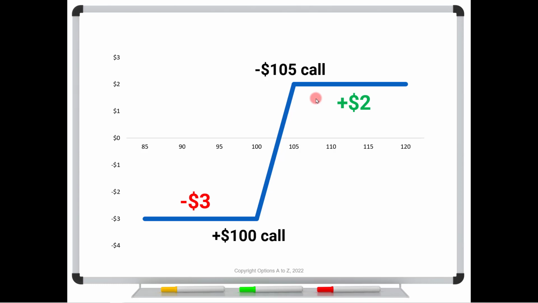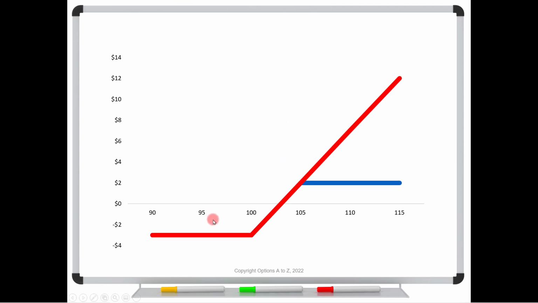What did the morph say? Morph said to buy back the short option. So here you would buy back that short 105 call. And when you do this, you are going to unlock this limited cap right here because you're just going to be left holding the long 100 call. The problem is that traders often think they are moving from this blue to this red.